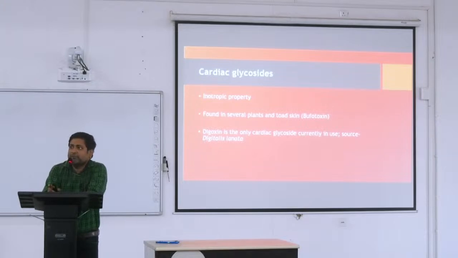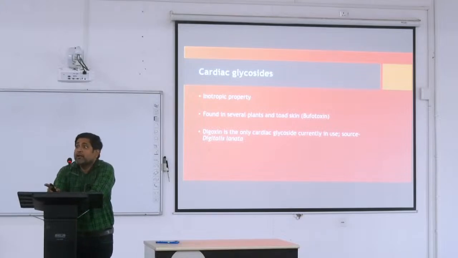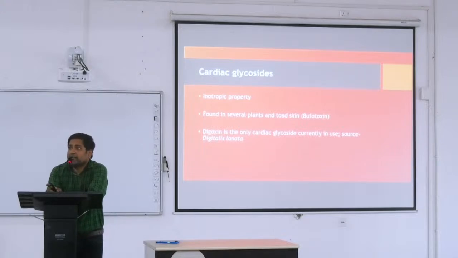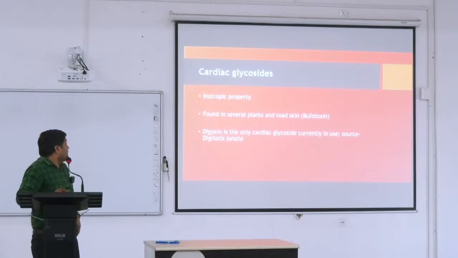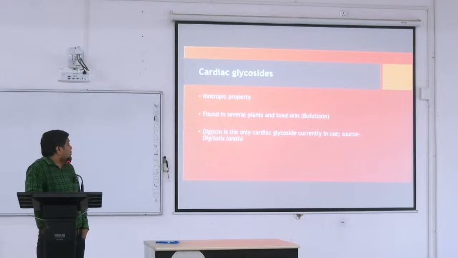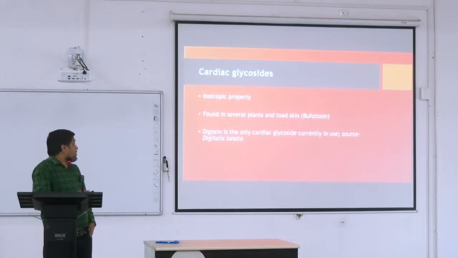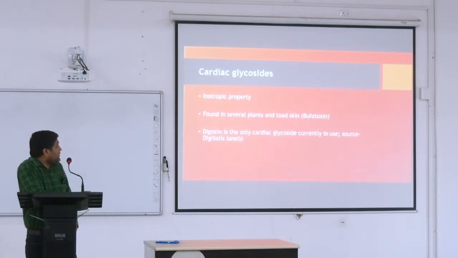Digitalis purpurea is basically the source for digitoxin, and for digoxin it is Digitalis lanata. Now, they are found in several plants and in the toad skin. Digoxin is the only cardiac glycoside currently in use, source being Digitalis lanata, already written there.